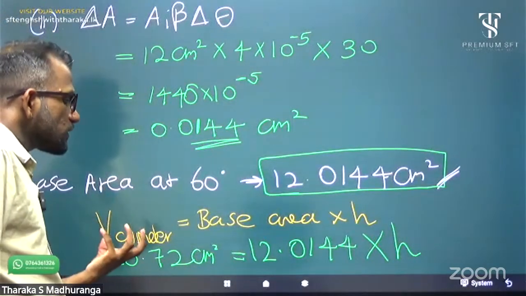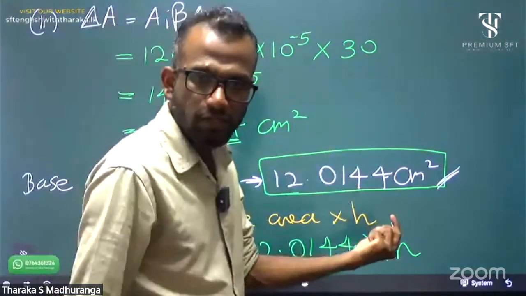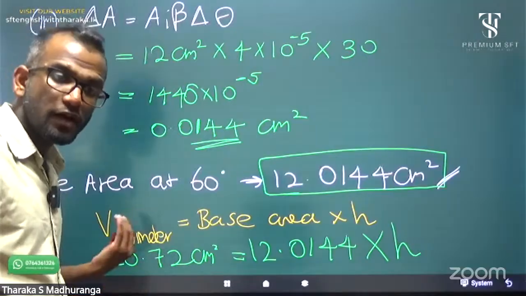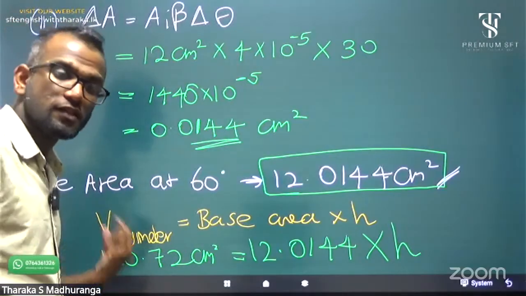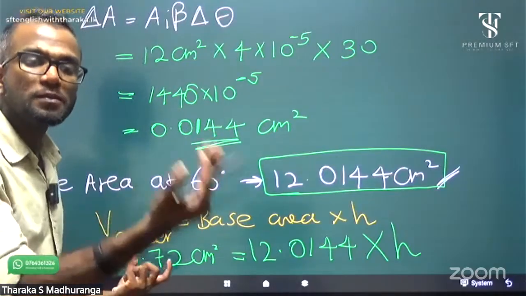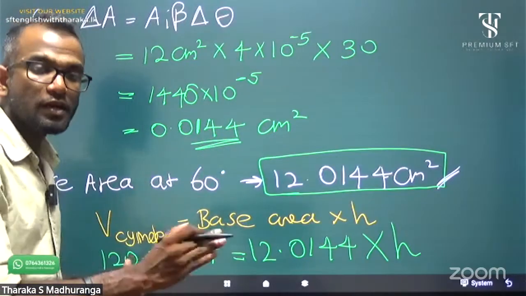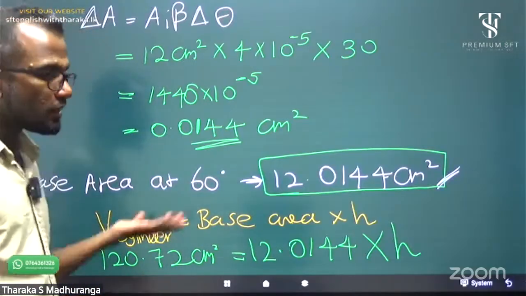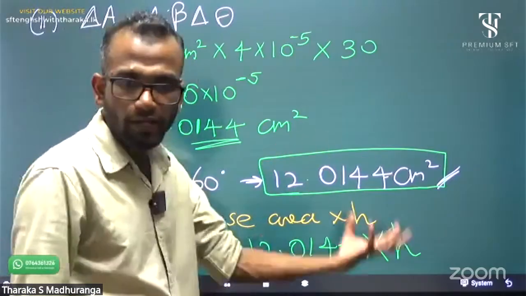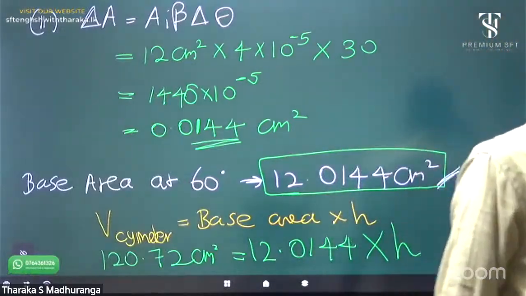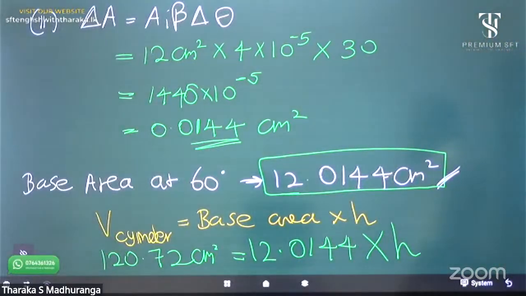Then the volume of cylinder equals base area into height. This is the volume at 60 Celsius because 120 initially, but at 60 Celsius it is 120 plus 0.72, that means apparent expansion plus real expansion. Then you can isolate the height. Understood, Nabil? With me? Dulen?